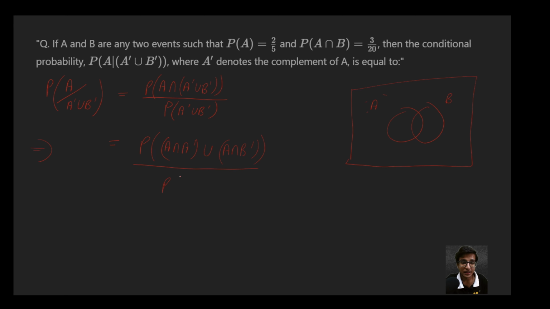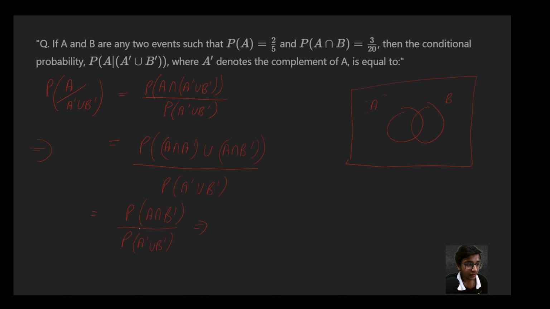And this remains as it is, P of A complement union B complement. So from here what do we get? A intersection A complement is of course phi. So phi union anything is anything. So what we have is probability of A intersection B complement upon P of A complement union B complement.